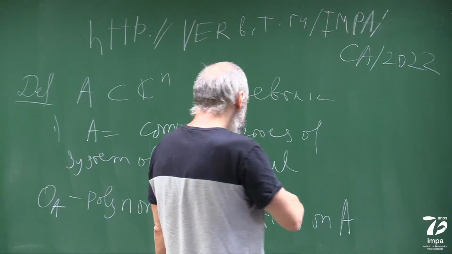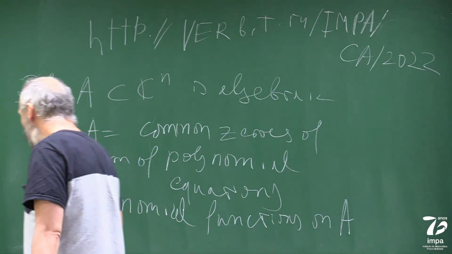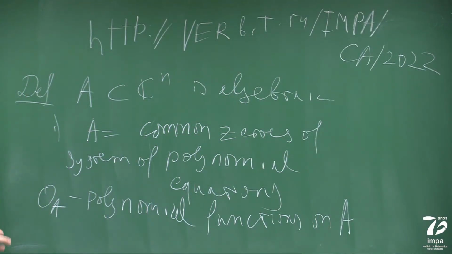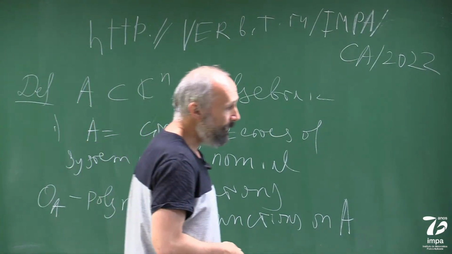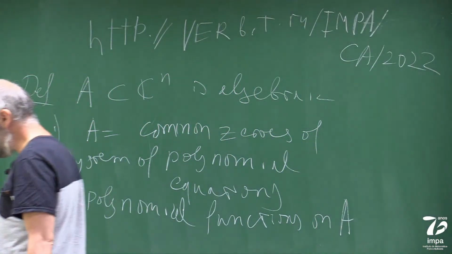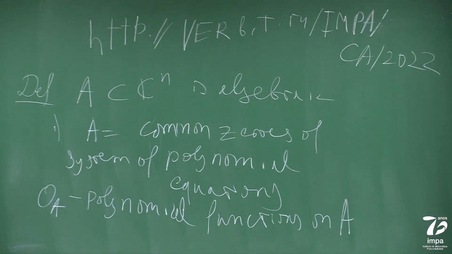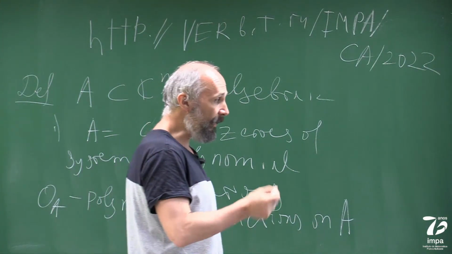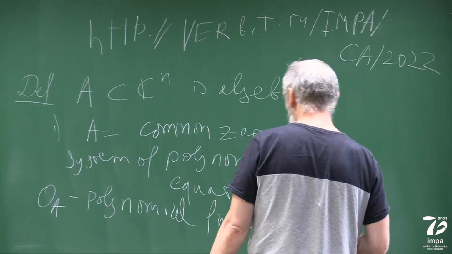But this is the geometric part. The algebraic part is that all rings we are interested in have this form, at least when they don't have nilpotents. And typically we won't be interested that much in rings with nilpotents.